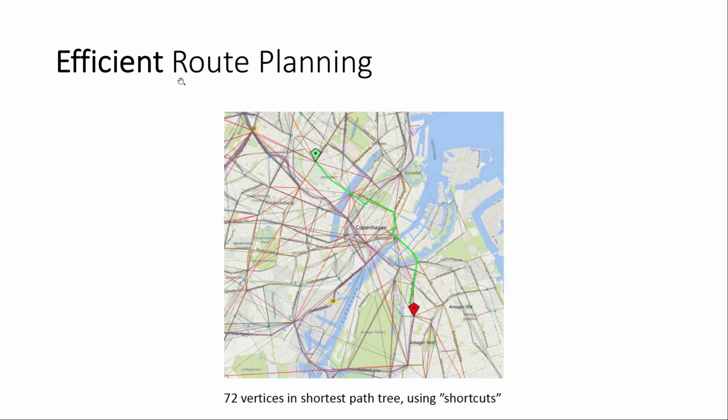What I would like to talk about, very briefly at the very end, is to still give you an idea of what's going on in efficient route planning. Dijkstra is already pretty efficient, then you take A star and it's more efficient, and then companies like Google came up with the idea: wouldn't it be great to have a web application where people can look for shortest paths?